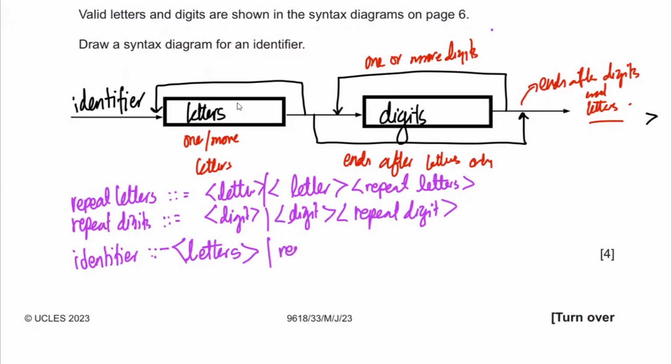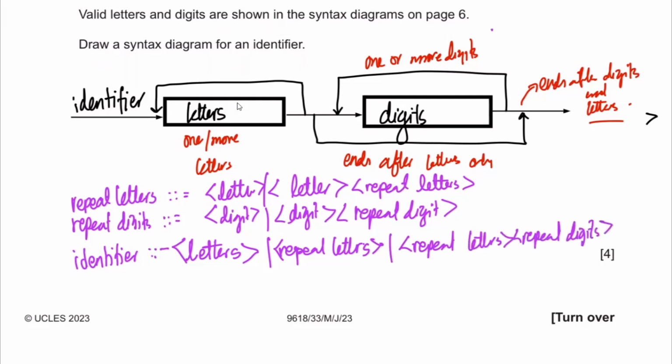Or it could just be repeat letters, or it could be repeat letters, repeat digits. Right? So letters allows for a single letter and then it ends. Repeat letter allows for repeated number of letters and then it ends. Or repeated letters and repeated digits allows for repeated letters, digits, and then it ends.